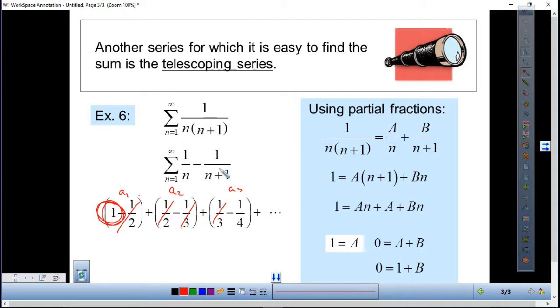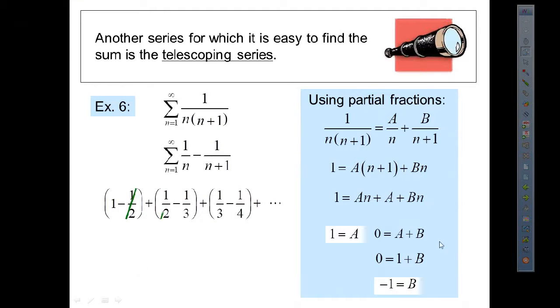Well, if this part right here goes to 0 as n gets larger and larger, then we're going to have 1 plus some really, really tiny number later on, so the limit would go to 1. So this series would actually approach 1. The sum would be approaching 1. So your nth term turns out to be 1 minus 1 over n plus 1.